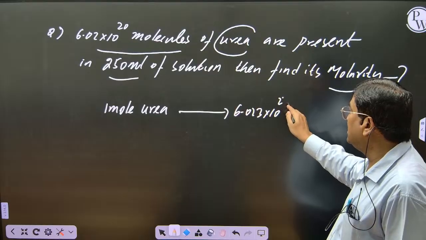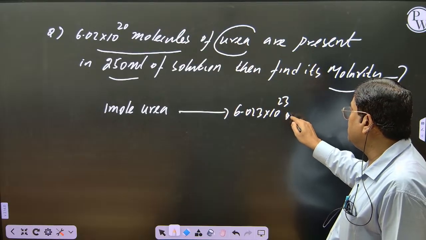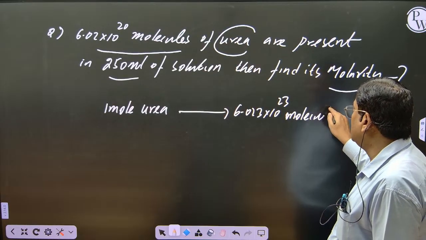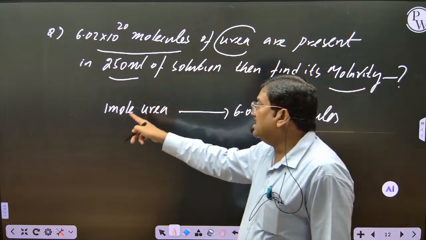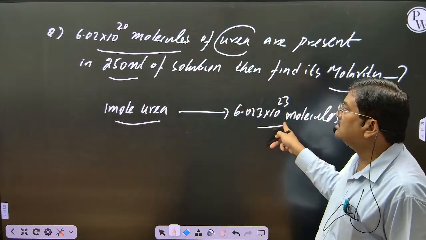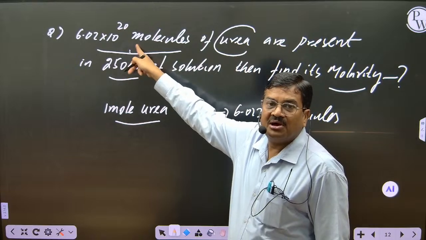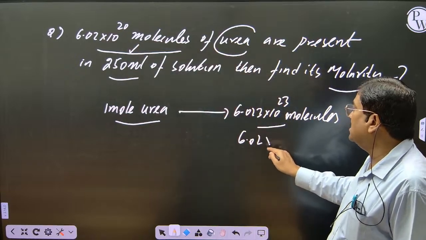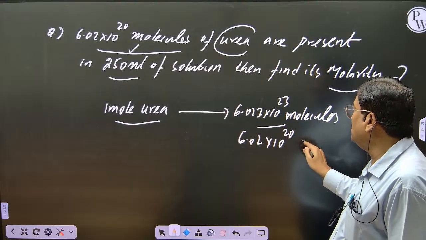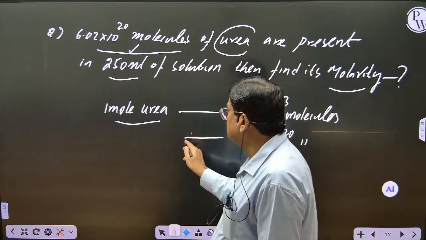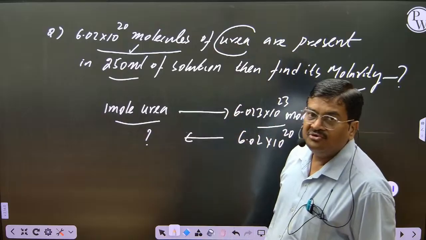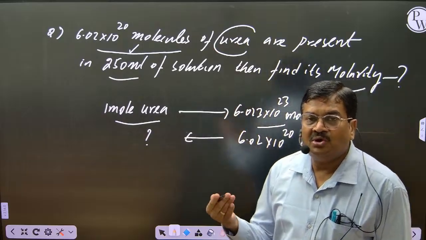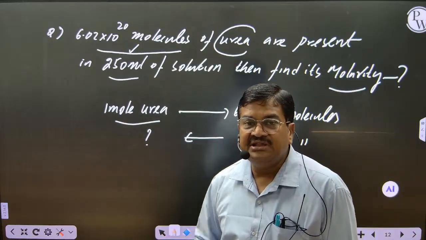Do you agree? Now for 1 mole it has these many molecules; the molecules given in the problem you equalize here. So for 6.02 into 10 power 20 molecules, how many moles? How do you bring the given molecules into moles? Divide given molecules by Avogadro number.